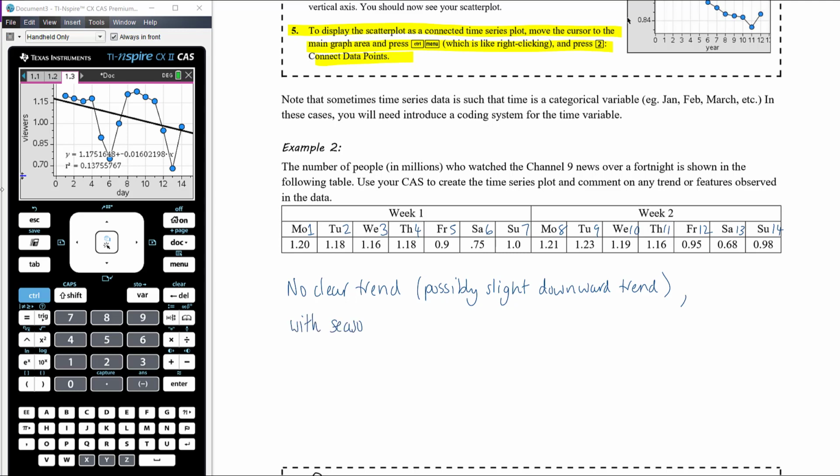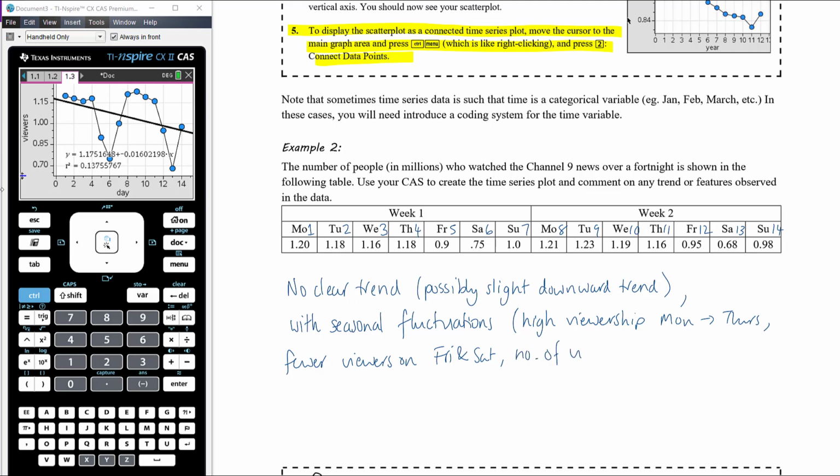with seasonal fluctuations. High viewership Monday through Thursday, fewer viewers on Friday and Saturday, and then number of viewers increasing on Sunday.